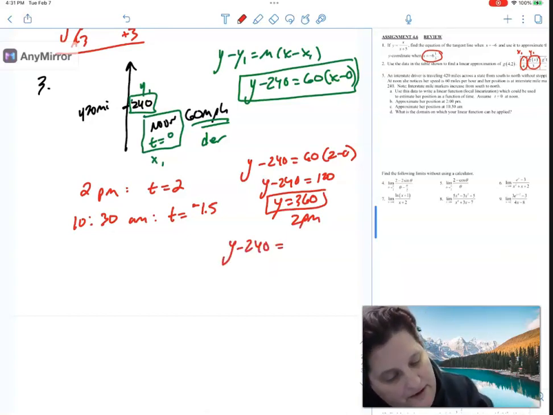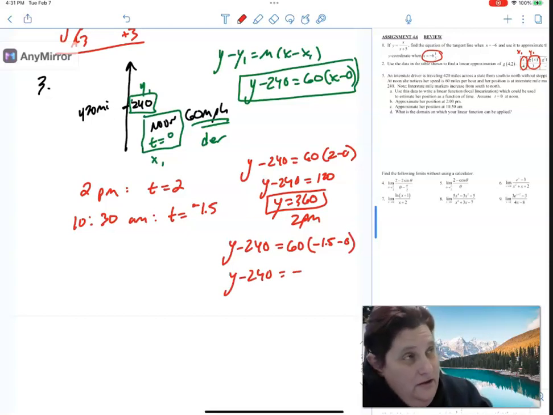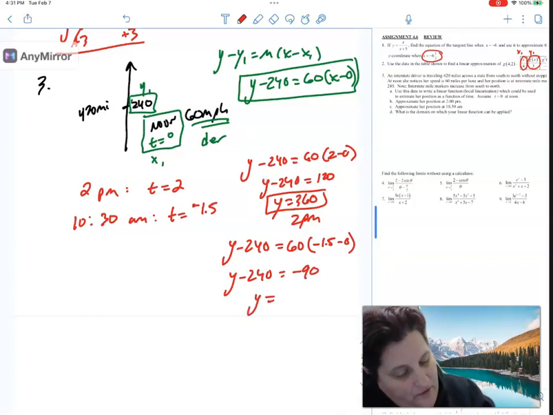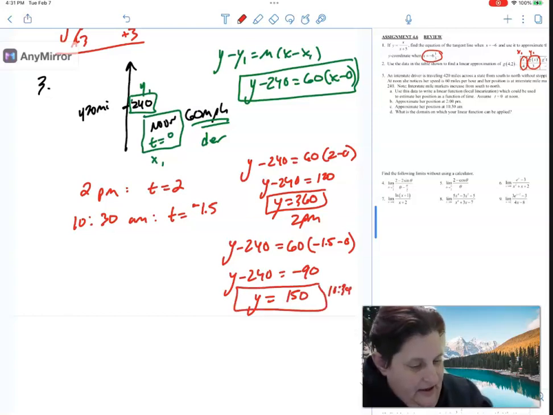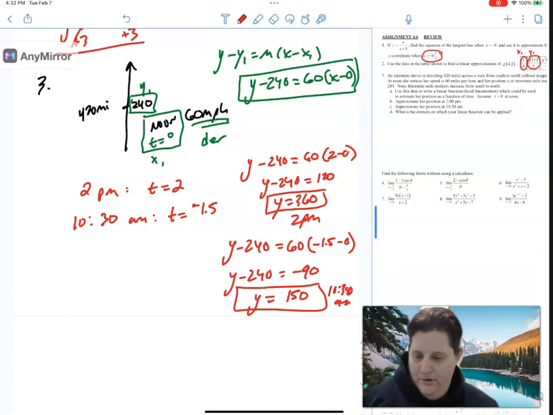Y minus 240 is 60, and negative 1.5 minus 0. So 60 times negative 1.5 is negative 90. And so when I add that over, y is 150. So at 10:30 a.m., I was at mile marker like 150. Okay?